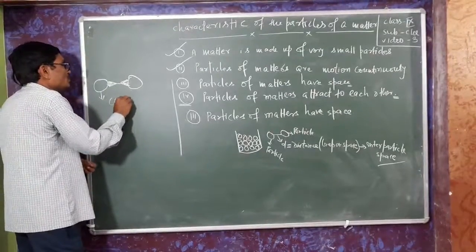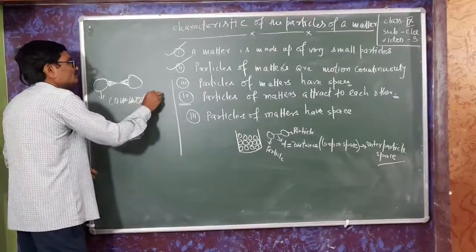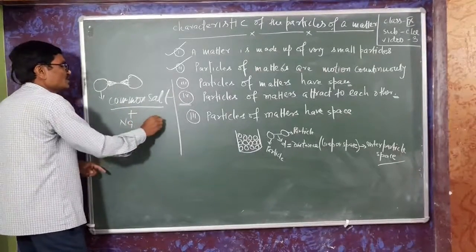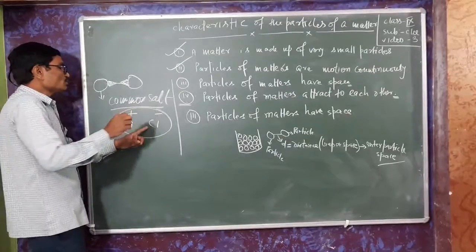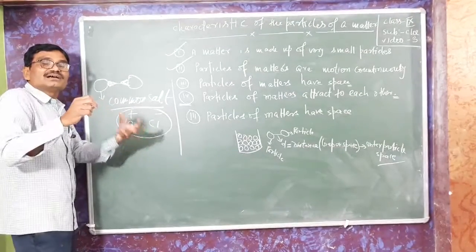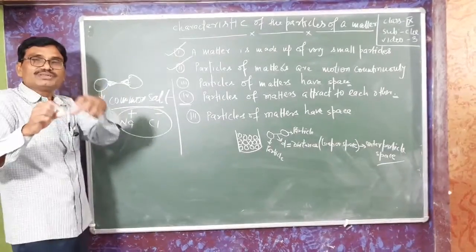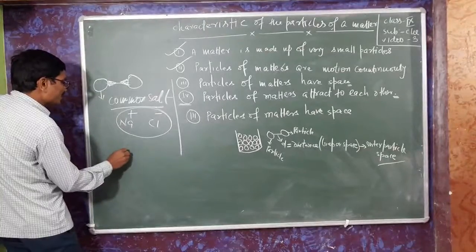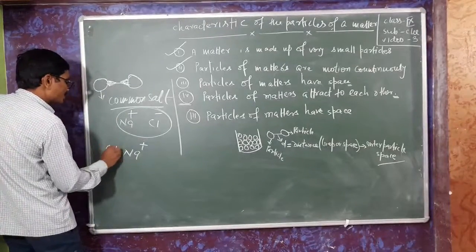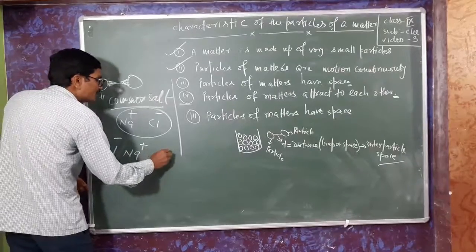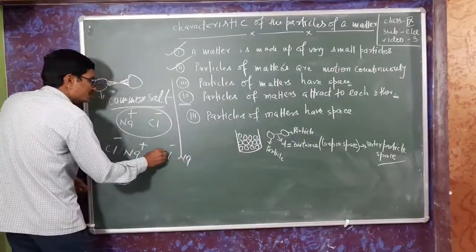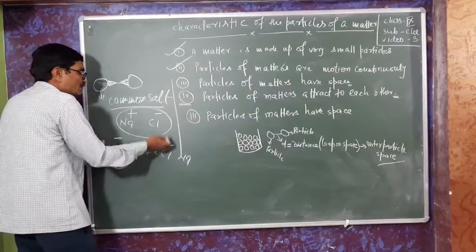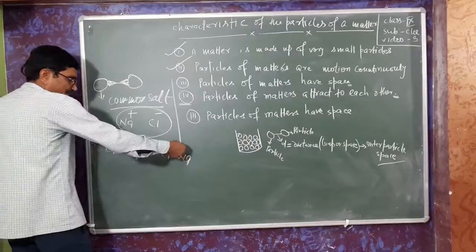Whenever we think about common salt, here Na plus and Cl minus is one molecule of NaCl, and another molecule of NaCl has sodium positive charge and Cl negative charge. So Na plus of the first molecule and Cl minus of the second molecule attract each other with a force of attraction because Na plus and Cl minus have opposite charges, so they attract each other.